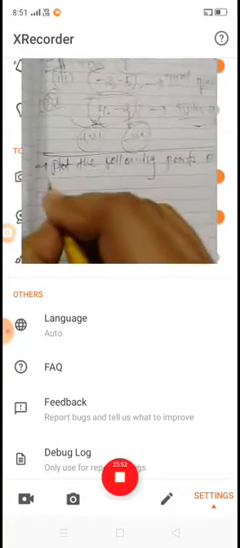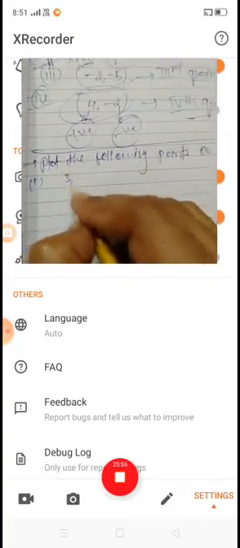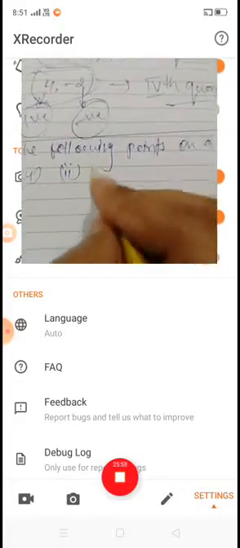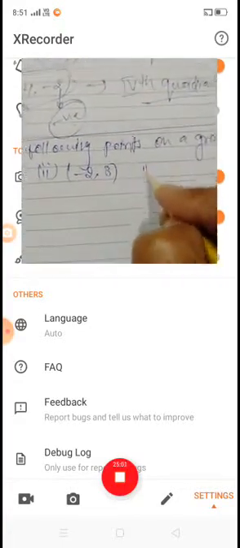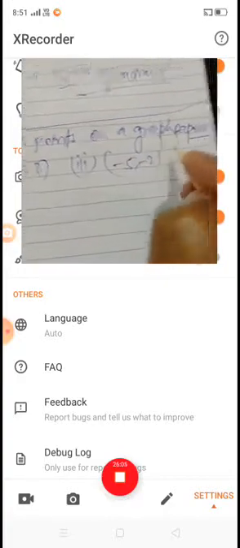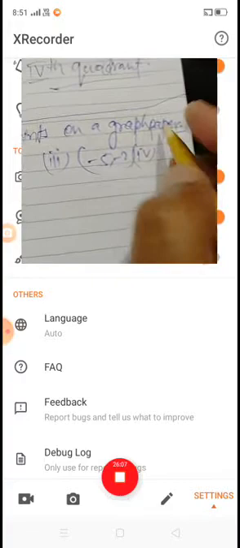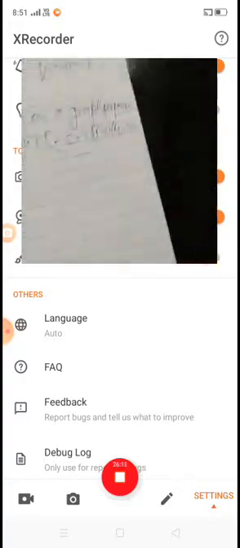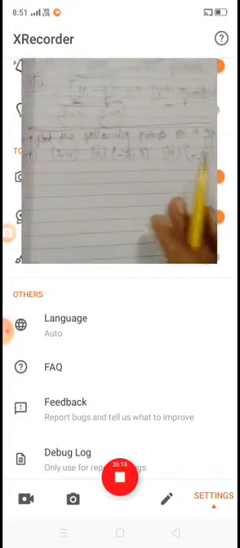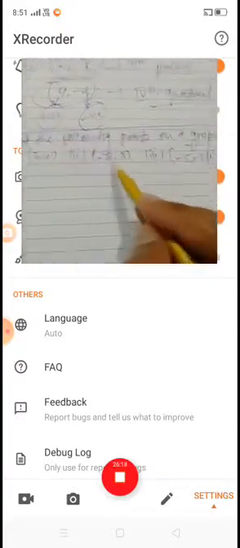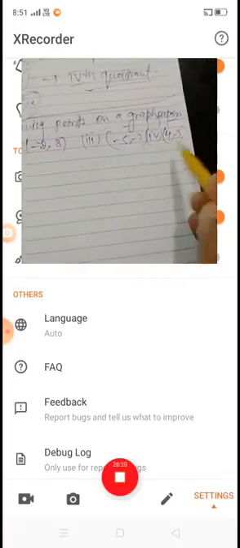Your points are: first (3, 4), second (-2, 3), third (-5, -2), fourth (4, -3). Plot the following points on the graph paper: (3, 4), (-2, 3), (-5, -2), (4, -3).